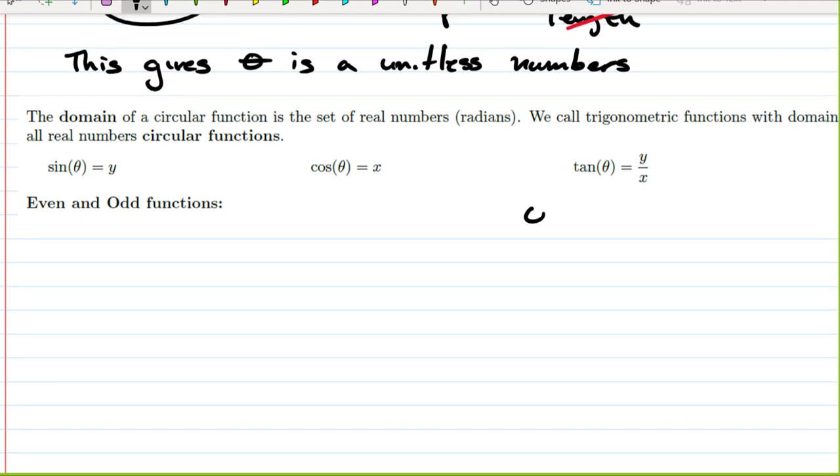So theta for tangent cannot equal plus or minus pi over 2, plus or minus 3 pi over 2, plus or minus 5 pi over 2, etc. for all angles.